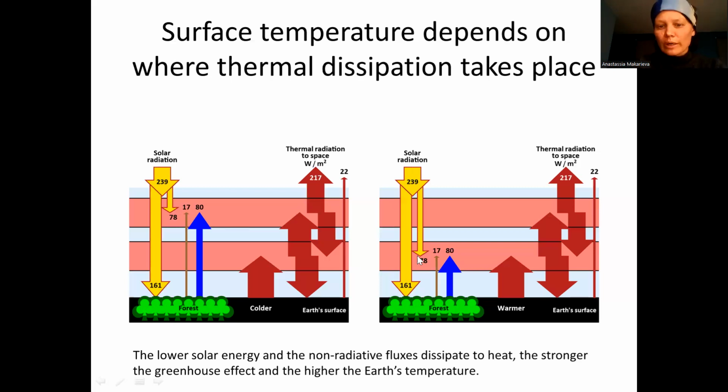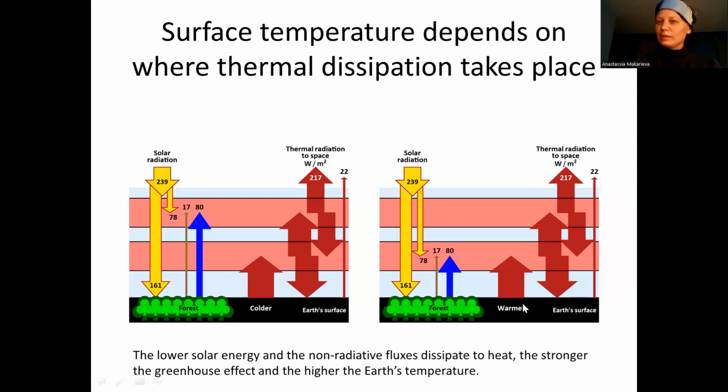Conversely, the lower they are converted to thermal radiation, the more these fluxes interact with the greenhouse gas absorbers, and so the Earth surface is warmer. So we can get an idea of how this works, how non-radiative fluxes and their changes change the Earth's surface temperature.